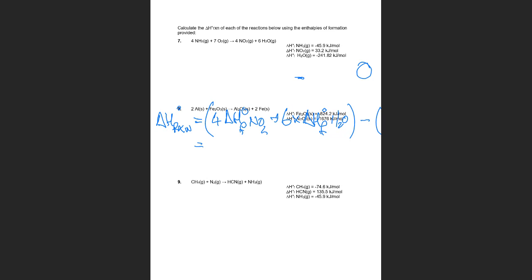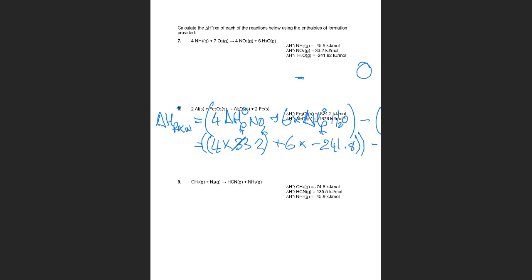So this is 4 times 33.2 plus 6 times negative 241.8, and I'm going to subtract from that. This is where it gets a little bit tricky, because you've got negative numbers adding to positive numbers, and then you're subtracting other numbers from it.